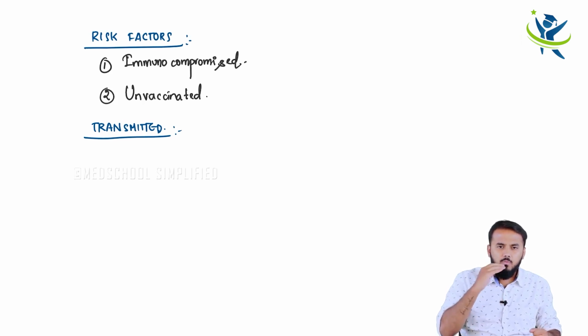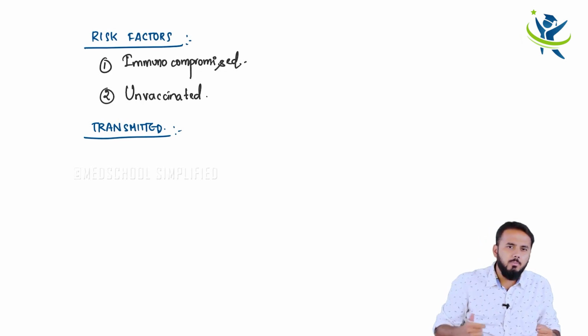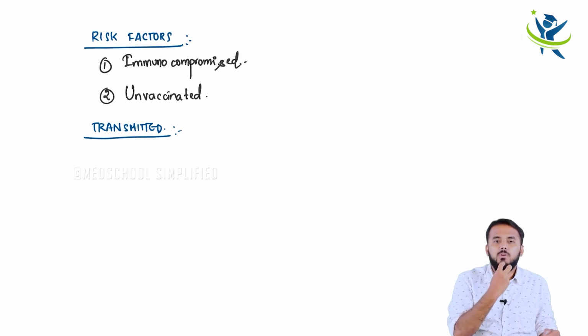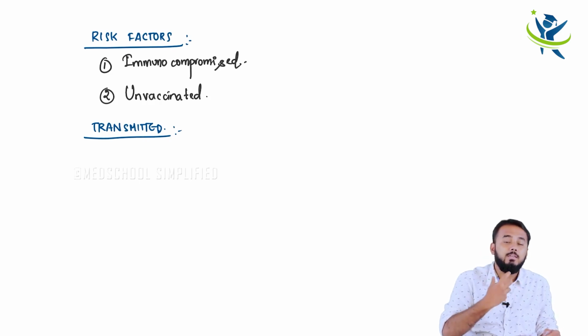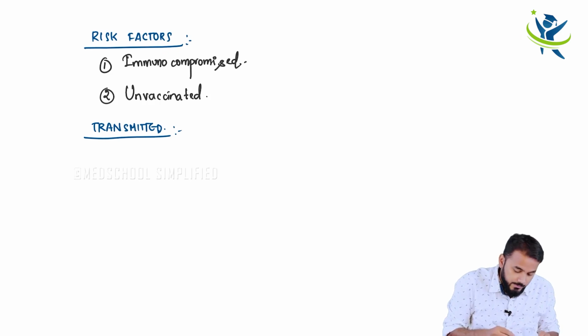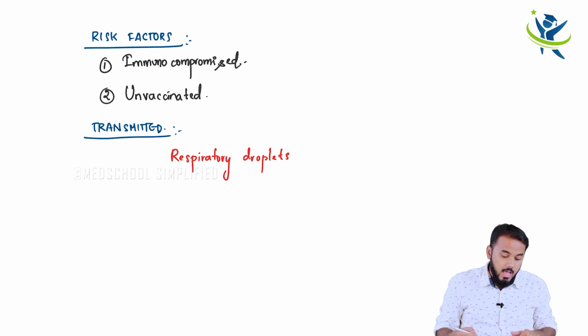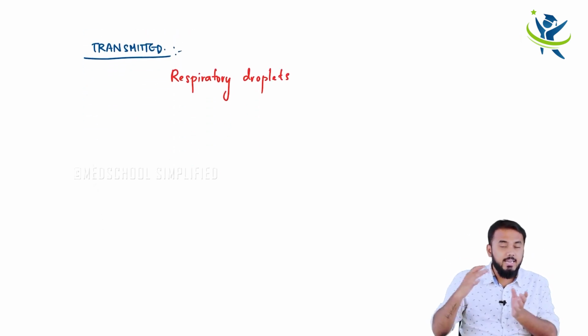When I cough, what is that thing that enters into your body, into your respiratory tract? Obviously, respiratory droplets, from an infected person to an uninfected person. Other than respiratory droplets, is there any other way?